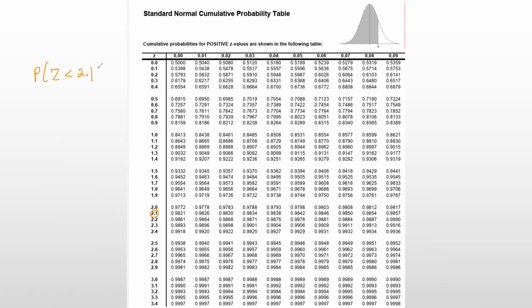You look at the first column, you get 2.1, and then you look at 0.04. This number is our probability, so this would be 0.9838.